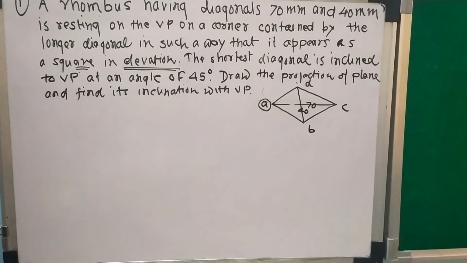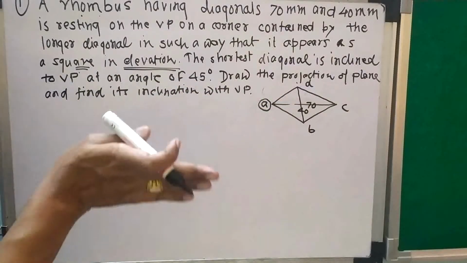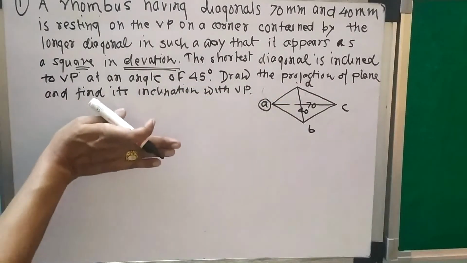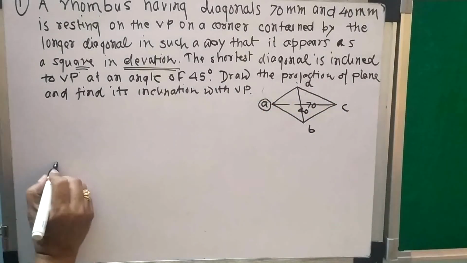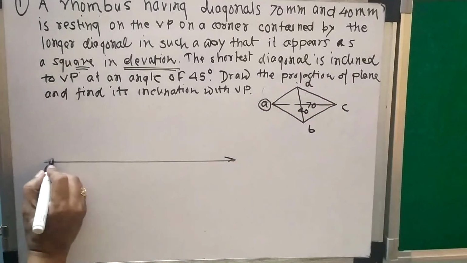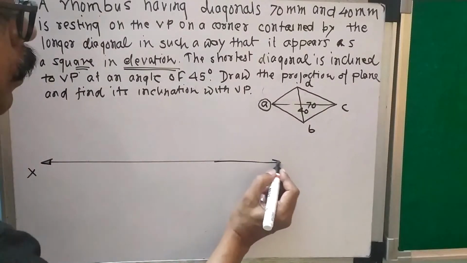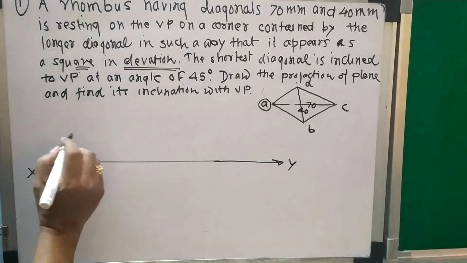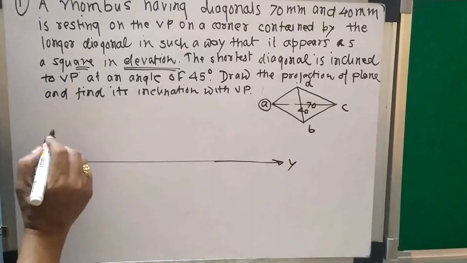Now when I lay down this rhombus in the vertical plane, it will look like a true shape rhombus. Suppose this is the XY line. Now I will draw the rhombus in the vertical plane with A as a separate point.